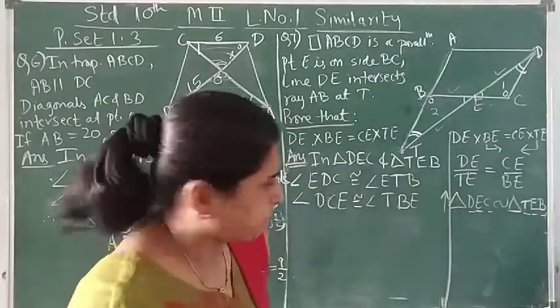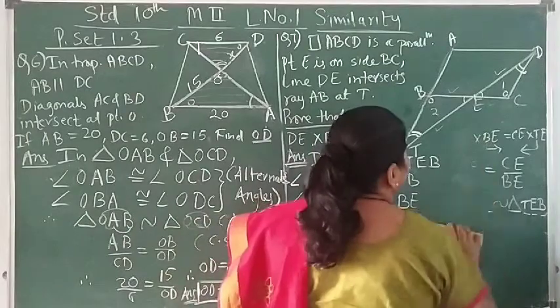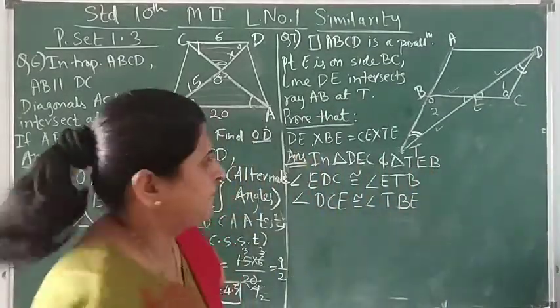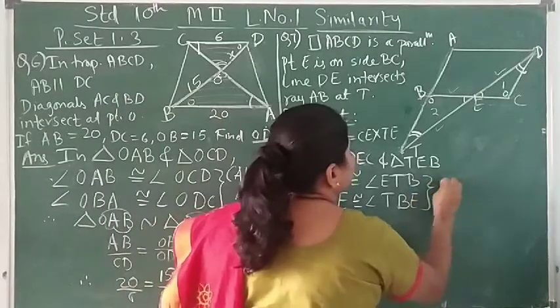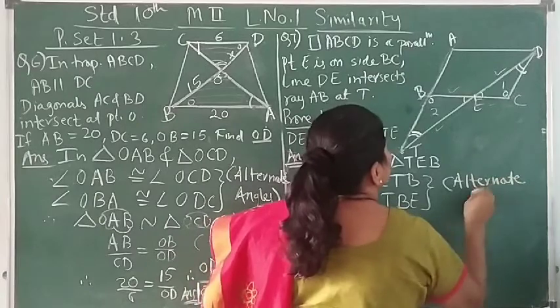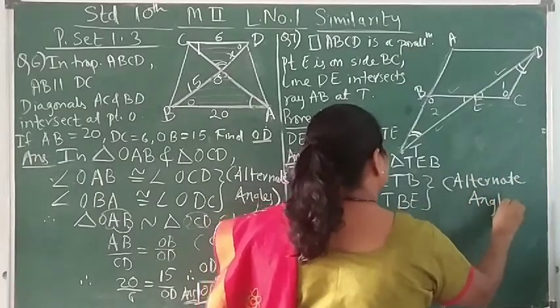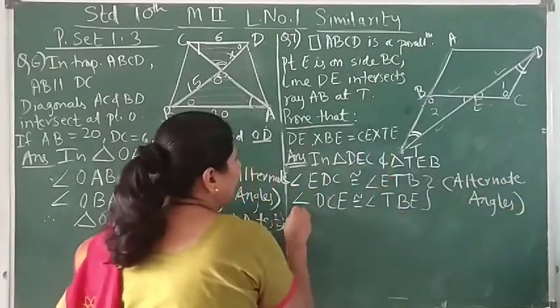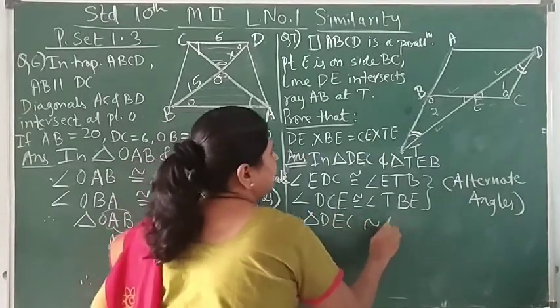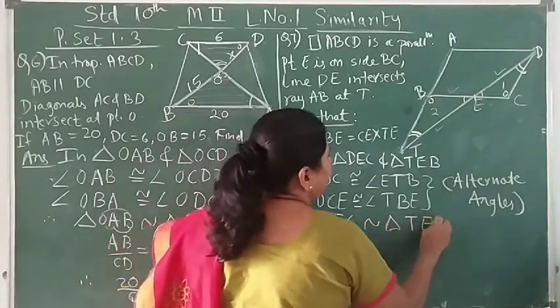So in this way, let me rub this rough work part. And this reason is going to be alternate angles. Therefore, triangle DEC is similar to triangle TEB.